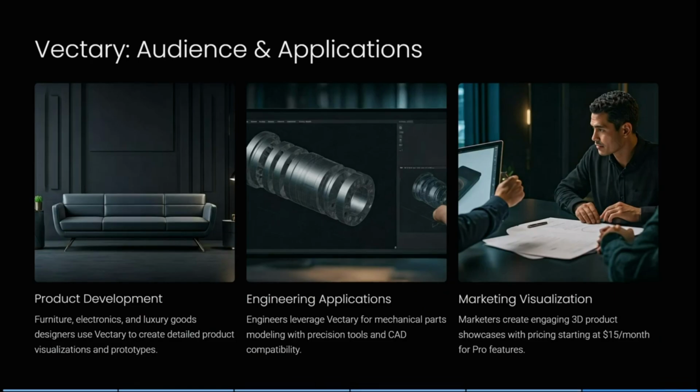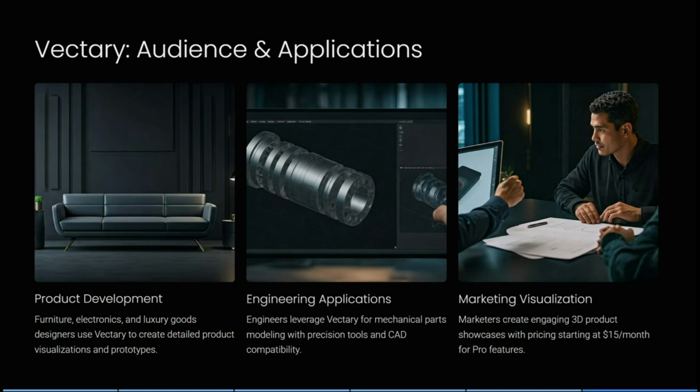Having a look at the last section over here, their audience and applications. So product development. If you're designing furniture, electronics, or luxury goods, you can use Vectary to create detailed product visualizations and prototypes.